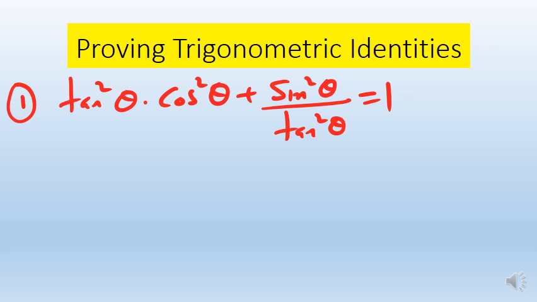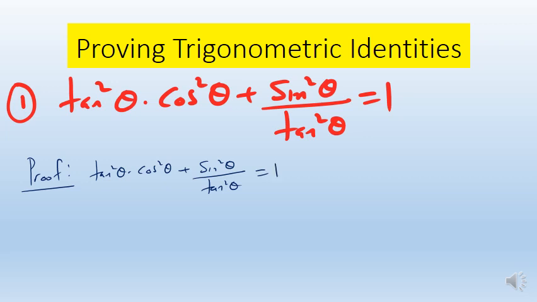So the proof itself shouldn't be too difficult. We are required to prove tan squared theta times cos squared theta plus sine squared theta, all over tan squared theta, equals 1.